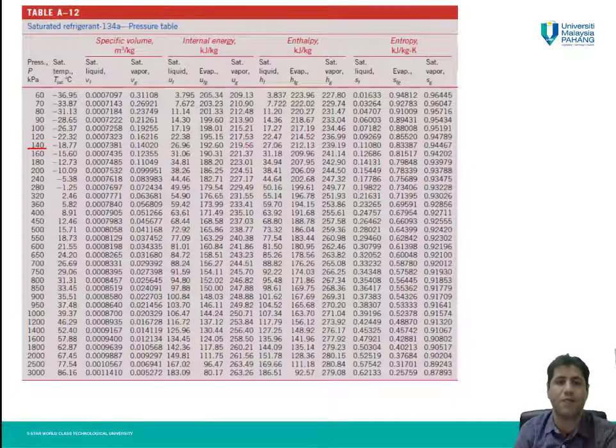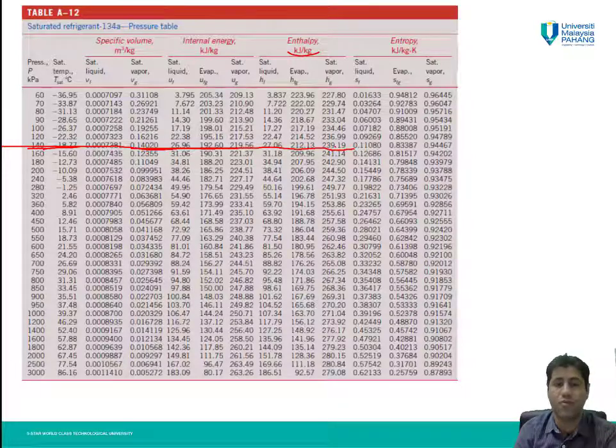Then simply we can come to this table, and here we have enthalpies for this pressure. This is our pressure, and this is enthalpy of the saturated liquid, enthalpy of the mixture or two-phase region Hfg, and also Hg, the enthalpy for saturated vapor.